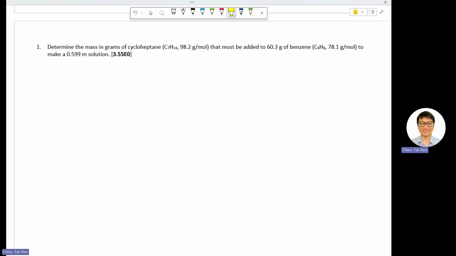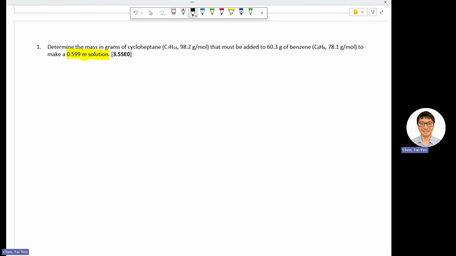But you need to practice this a lot. Lowercase m is molality, right? That's where you know the equation that you must use: m equals moles of your solute divided by mass of solvent in kilograms.